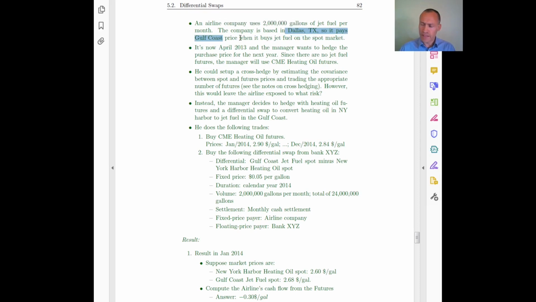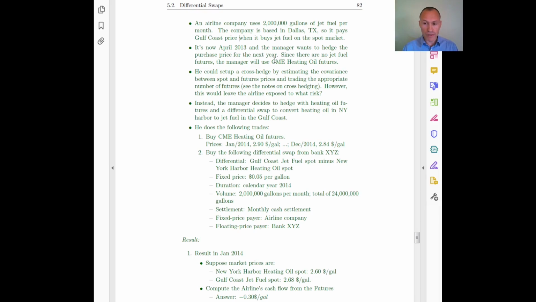And this example is based on a company called Southwestern, which is a small company in the US. So it's the same type of idea. We are at a given point and we want to hedge the purchase price for a given period in the future. Okay. The problem is that there are no jet fuel futures, right?